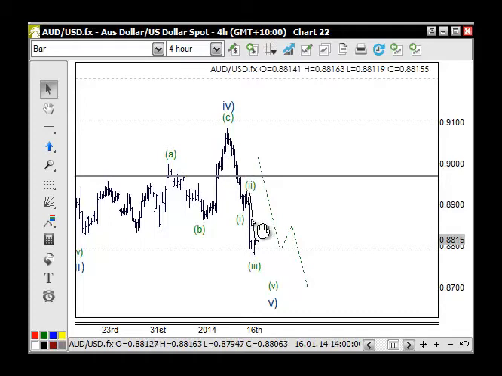So wave 3 can't be the shortest wave in waves 1, 3 and 5. So if that's going to be the case, then wave 5 that we're looking at has to be shorter than wave 3. So we'd be looking down at 87 here, and that would have to be the case there. Otherwise, this count down here is wrong.